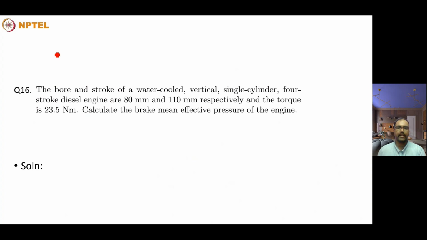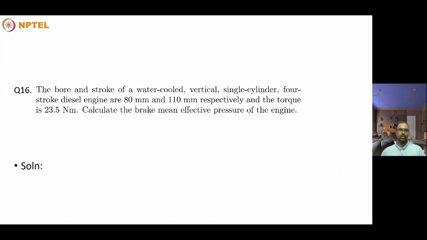The torque is given as 23.5 Newton meter. We have to calculate the brake mean effective pressure of the engine. In this problem, brake power is given as 2 pi N T divided by 60,000 in terms of kilowatt.